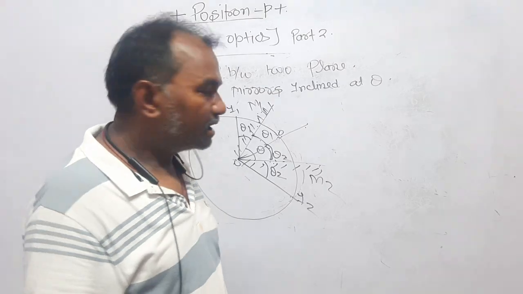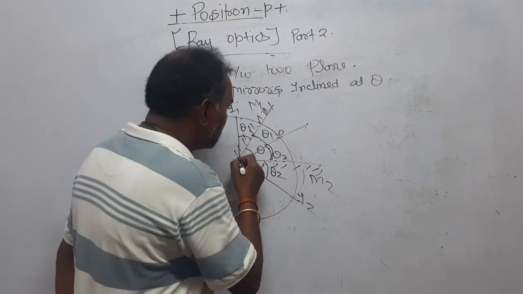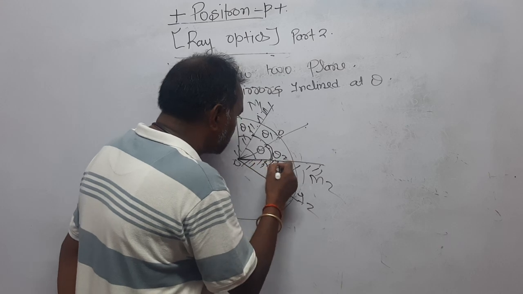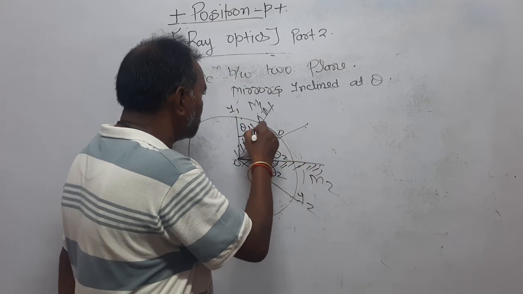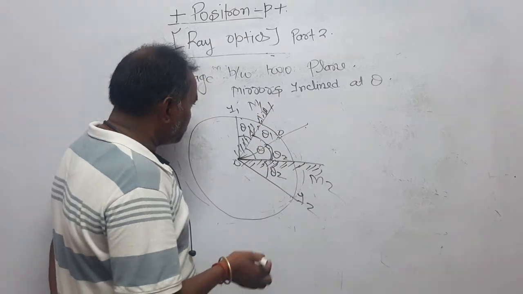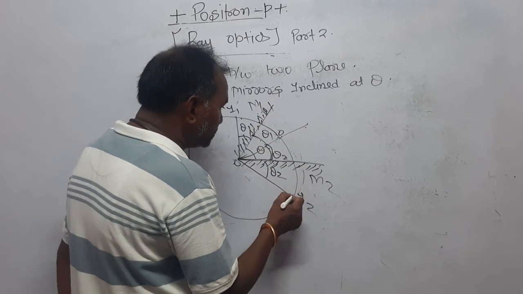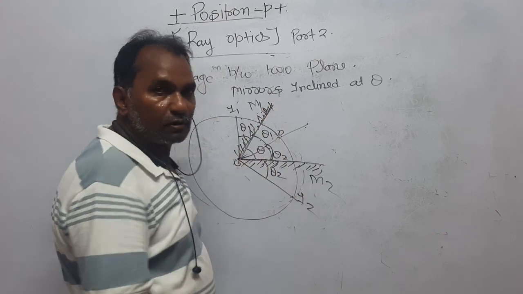Dear student, this I1 will behave like a virtual object for the mirror M2, and this I2 will behave like a virtual object for the mirror M1.